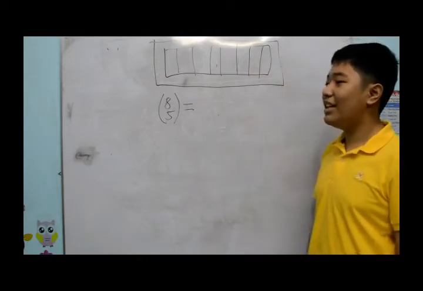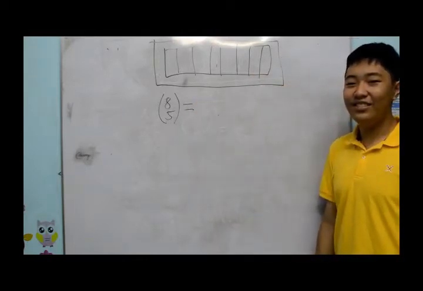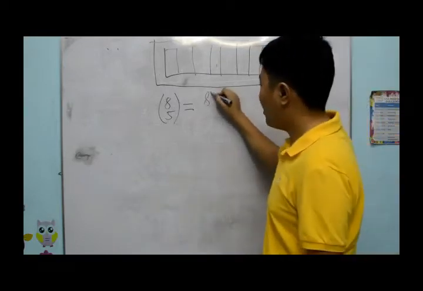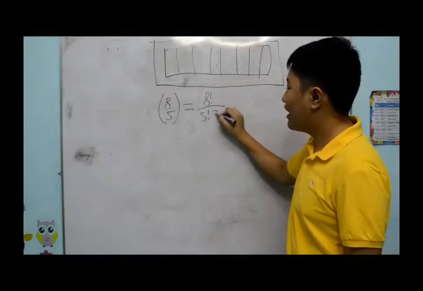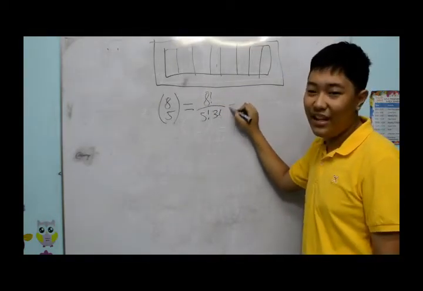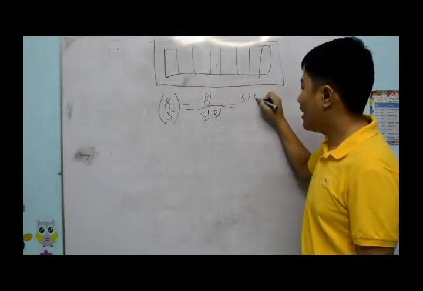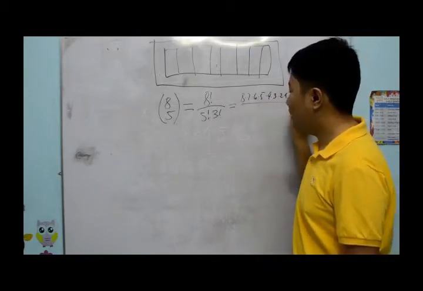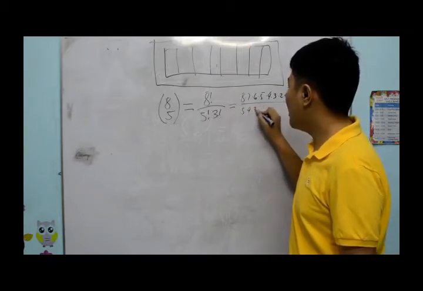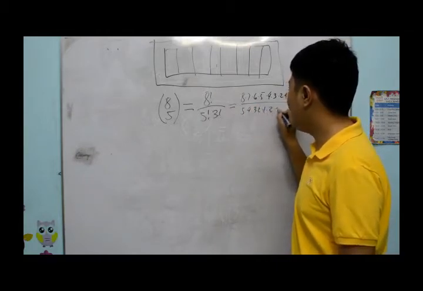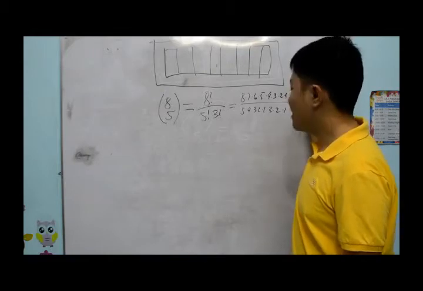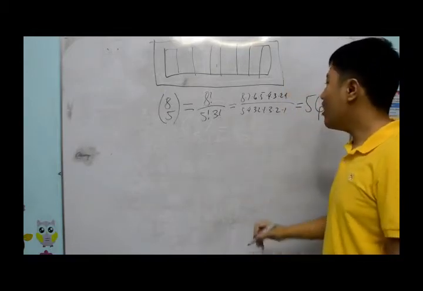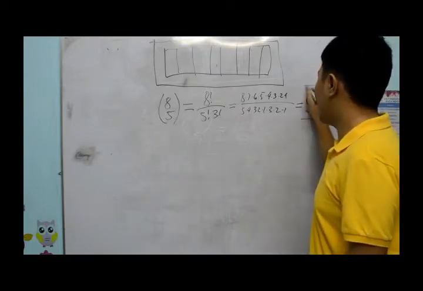Try to solve this for a minute. We get 8 factorial divided by 5 factorial times 3 factorial. And this is equal to 8 times 7 times 6 times 5 times 4 times 3 times 2 times 1 divided by 5 times 4 times 3 times 2 times 1 times 3 times 2 times 1. This is equal to 56. Great. So this is our answer.